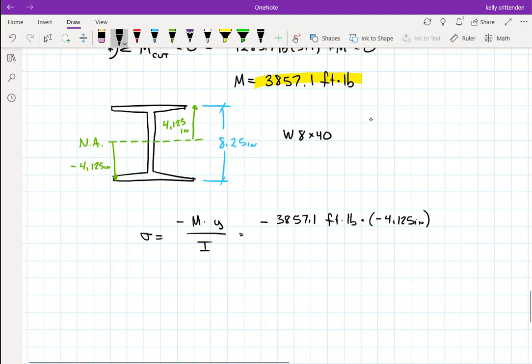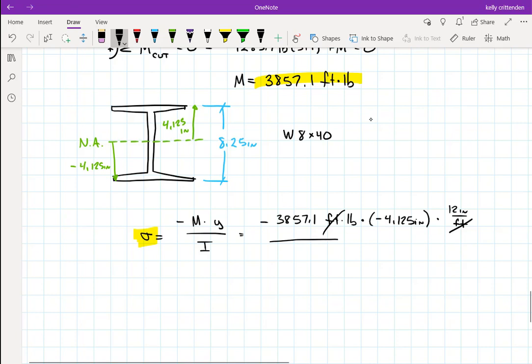Now I've got unit problems here. I've got foot-pounds times inches, so I've got to convert something. I probably want to get rid of the feet, so that sigma comes out in pounds per square inch. So let's do 12 inches per foot so that we can cancel those out and have inch-pounds in the numerator.